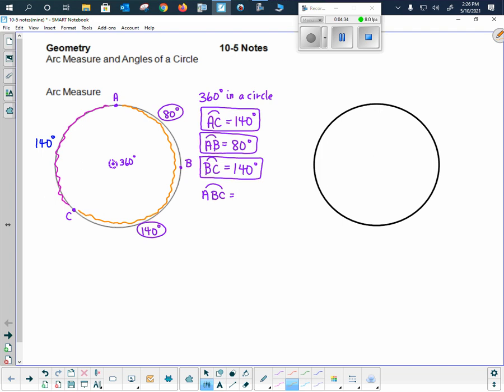All right, so while I'm erasing, you figure out what the measurement is of arc ABC. All right, so from A through B, going to C, you would have to add 80 and 140 to get 220 degrees. And one more. How about arc ACB?